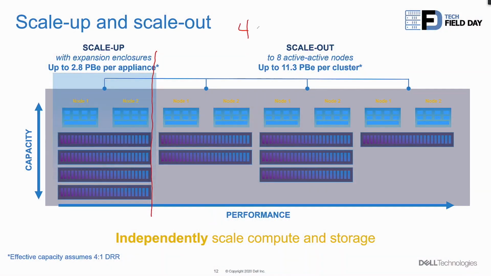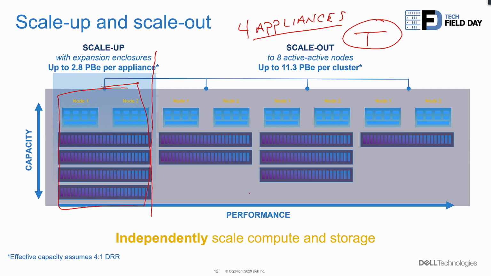Great question, Barry. Let me give you some insight here. We're talking about up to 4 appliances, in our current version, for the T model. In PowerStore X, currently, we only support a single appliance.